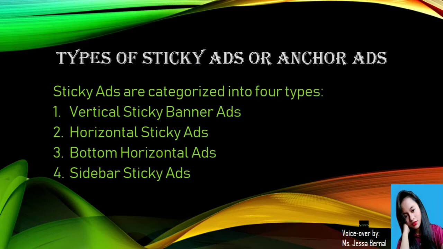Bottom horizontal sticky ads. Example: sidebar sticky ads. In addition to the aforementioned ads, some websites display sticky ads along with the sidebar content, hence the name sidebar sticky ads. Since sidebar content is one of the hot spots, publishers tend to run these ads accompanying organic content.